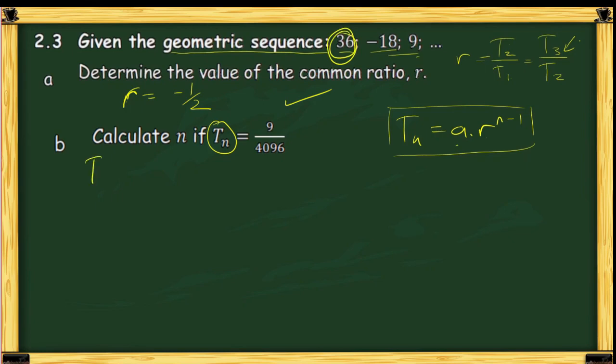Hence, Tn is going to be equal to 36 multiplied by negative 1 over 2 all to the power n minus 1. Well, that gives us Tn, and that needs to equal 9 over 4096. So, doing a mix of method and smart calculator work, this shouldn't present that much of a problem.